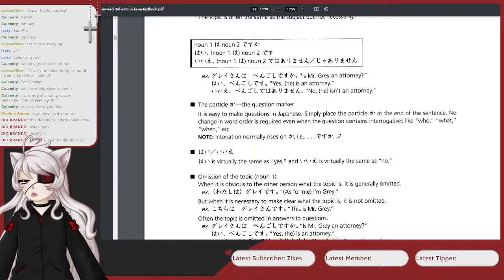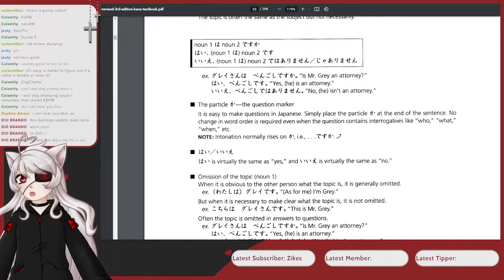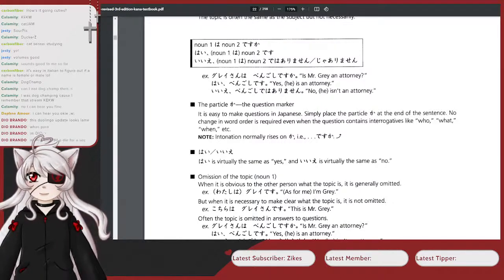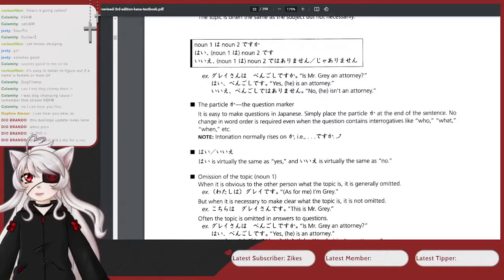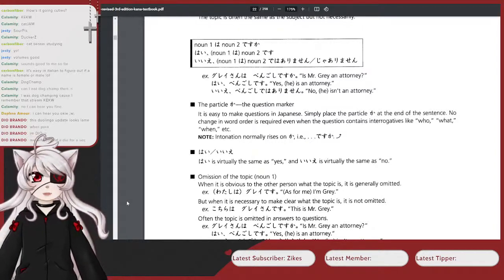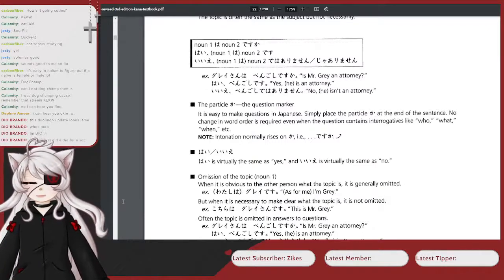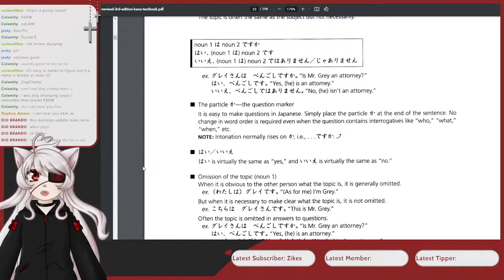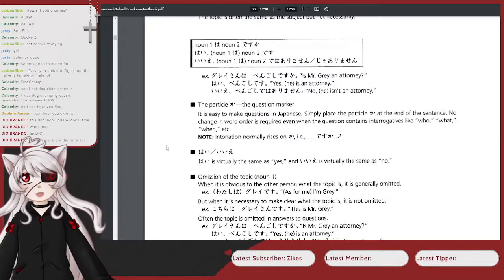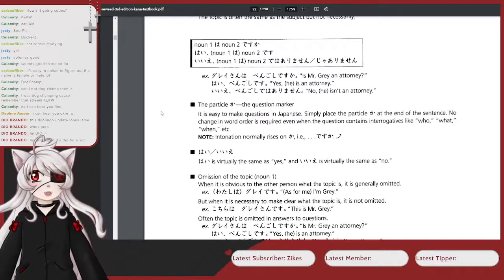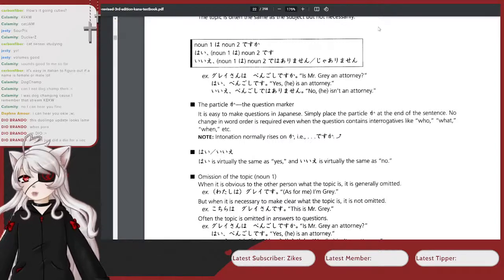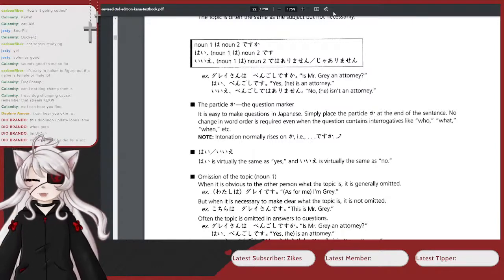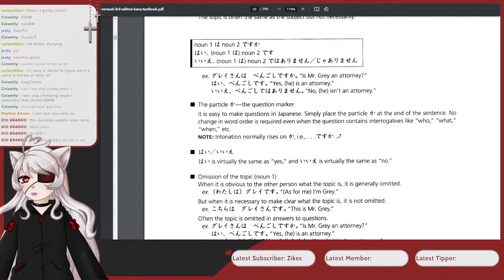But yeah, so ka, dareka, always supposed to go up. Intonation is apparently quite important in Japanese, which is why it's very important that you listen to Japanese while you learn and not just listen to English speakers speaking Japanese, which is normally pretty easy. There's a lot of VTubers who speak Japanese, and a lot of anime in Japanese. It's not like we're surrounded by a lack of Japanese media.